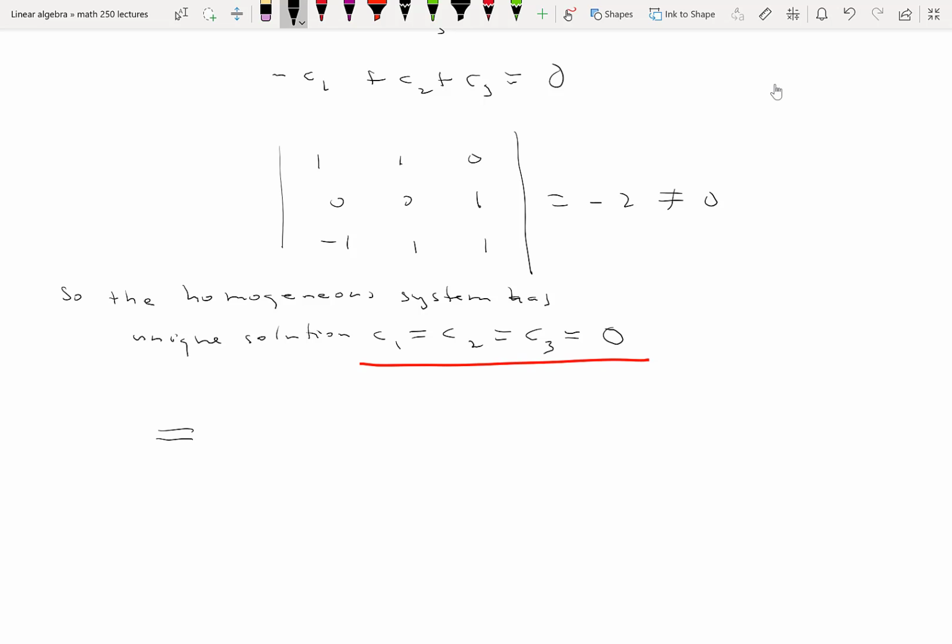That implies that the vectors are linearly independent, and that implies they form a basis by Theorem 2.1.2. We don't have to show spanning.